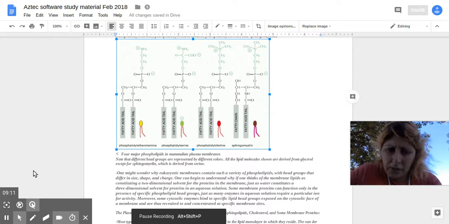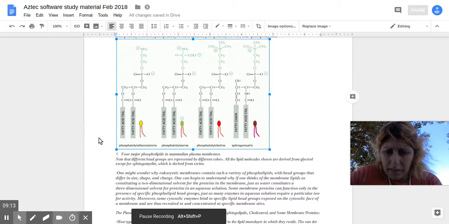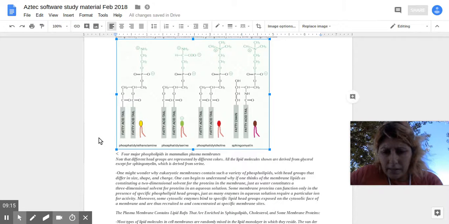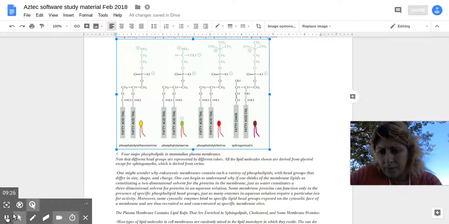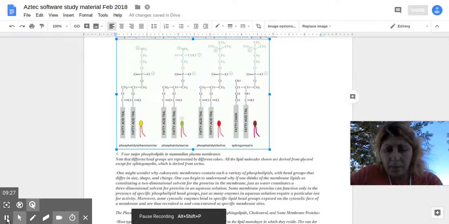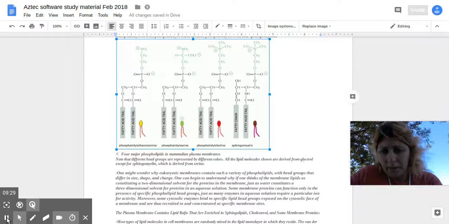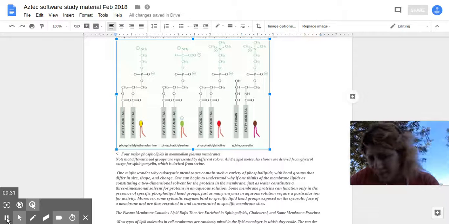So molecules are specific to binding, so there's binding specificity, especially for enzymes and proteins, which are attracted to certain head groups exposed on the membrane's surface.